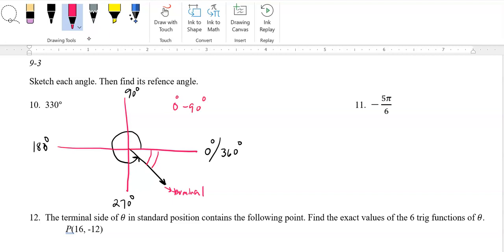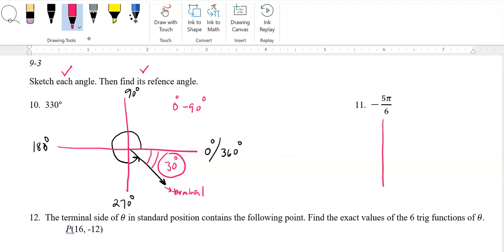So just think of it this way. We went 330, and if we had gone all the way to this line, that's 360. So 360 minus 330 is 30 degrees. So there's the complete answer. You're going to get points for sketching the angle, and then you'll get points for finding the reference angle.